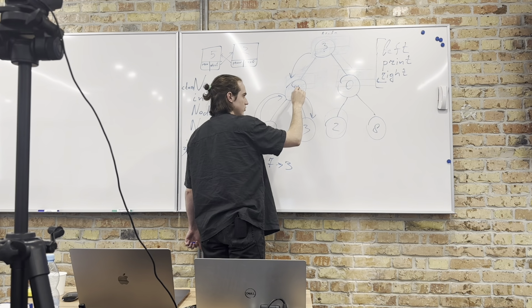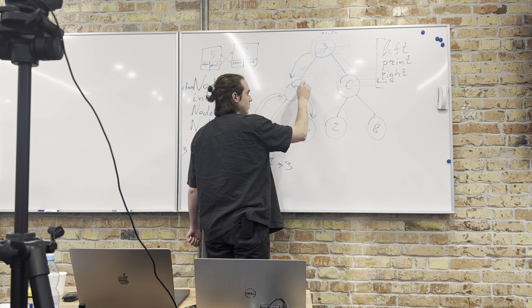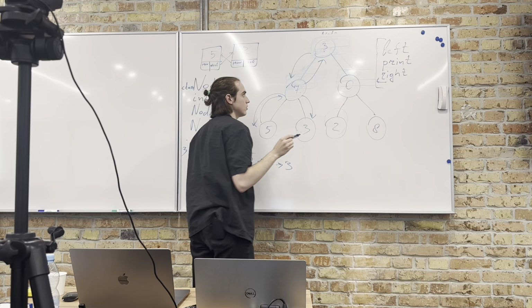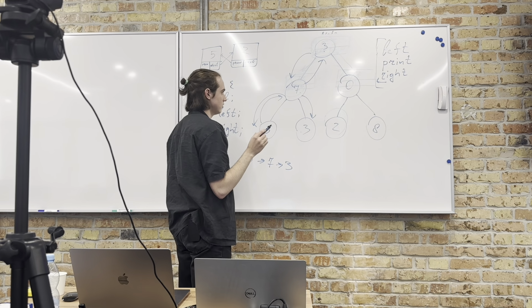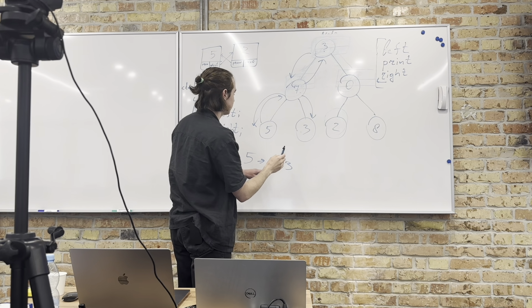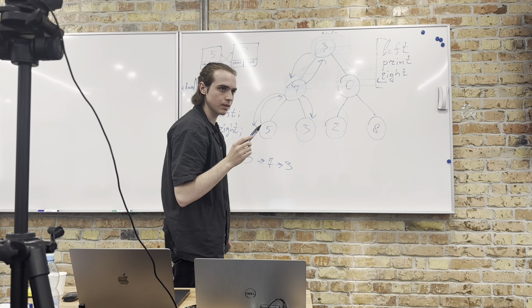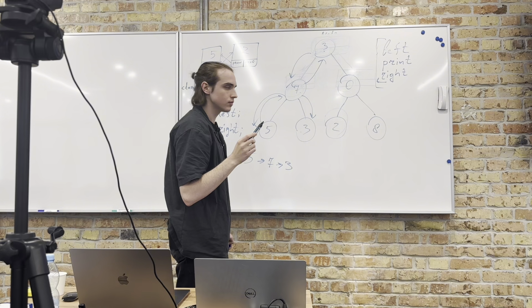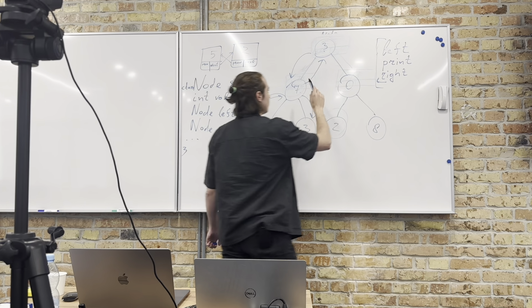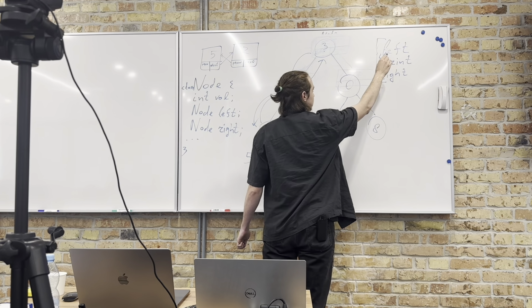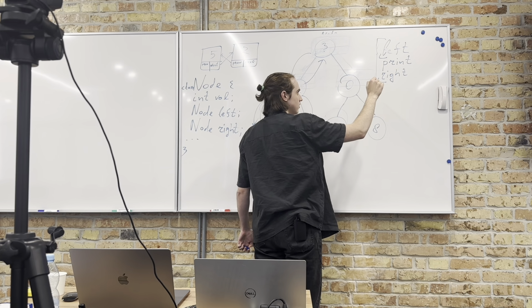So what do we need to do next? Left we print, so we need to do right. First of all, we print, so we checked left. What do we need to do next?